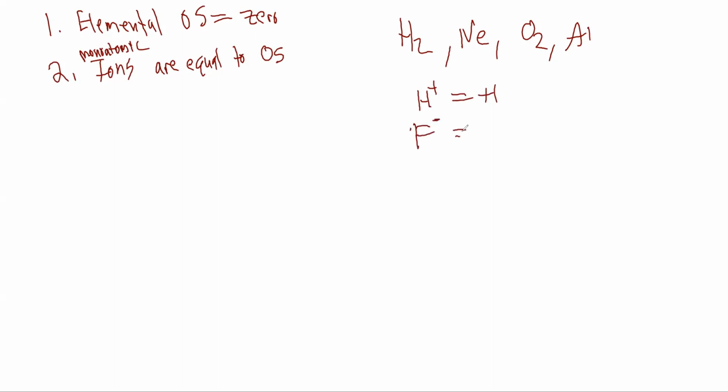F-, it has a -1 charge, so its oxidation state is -1. The idea is that oxidation states help us keep track of our electrons and where they're moving around to. So if you have a negative oxidation state, it means you've gained electrons from your base value. If you're positive, it means you've lost electrons from your base value, just the same way that ions and their charges tell us. So the charge of the ions is equal to the oxidation state.